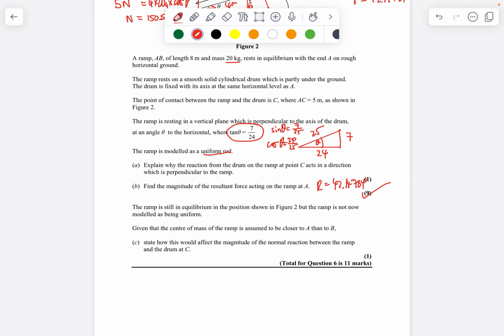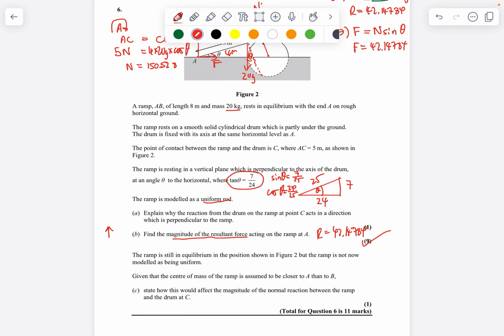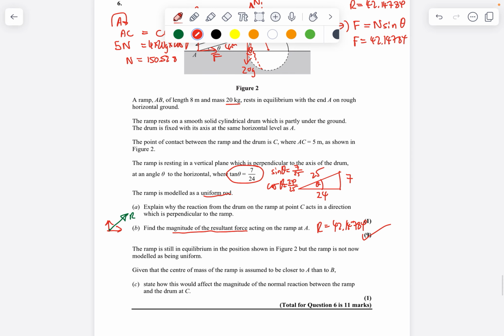Oh, sorry, right, the magnitude of the force, right, so I've got R, but the magnitude of the resultant force means basically I've got a vertical force and I've got a horizontal force, and the resultant force is going to be the one in the middle. So R was my vertical, F is my horizontal.